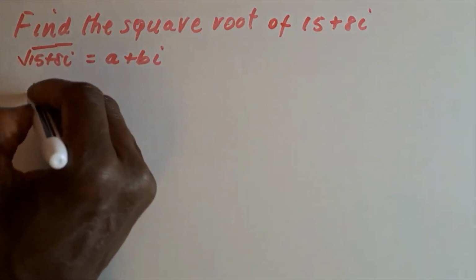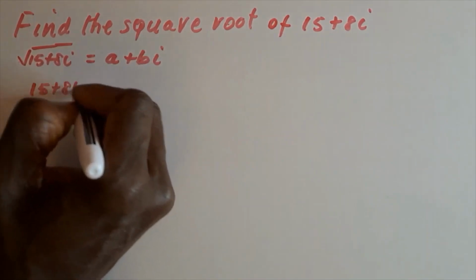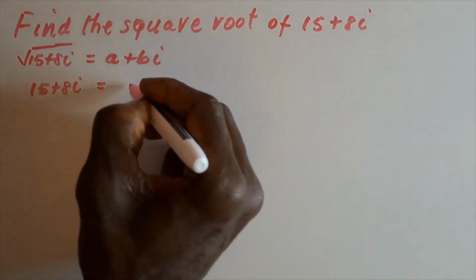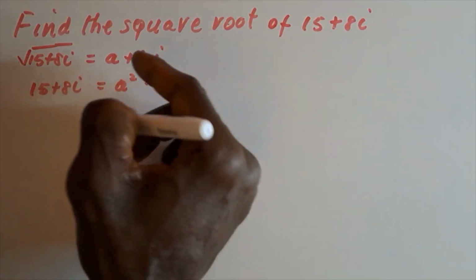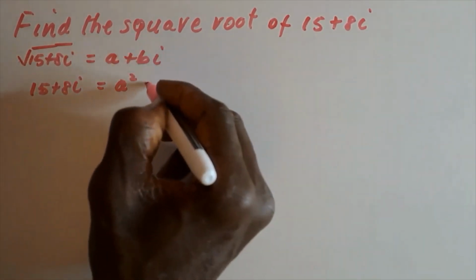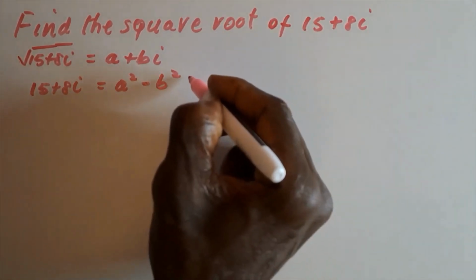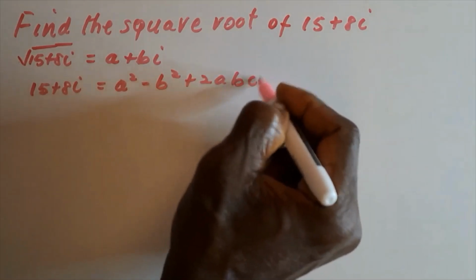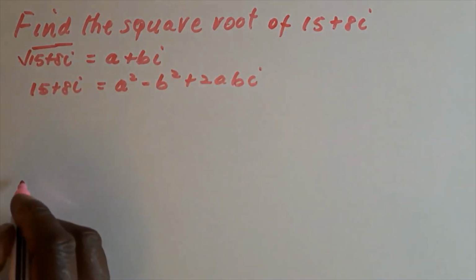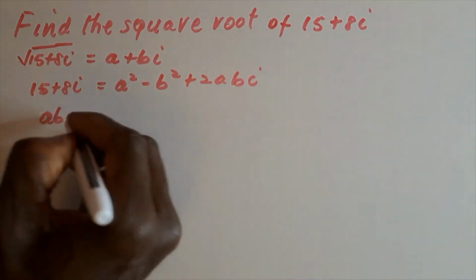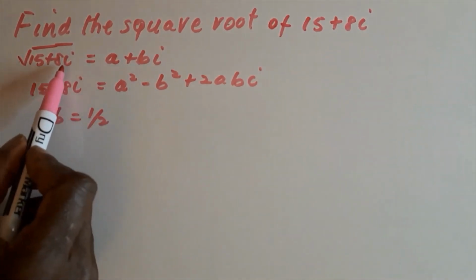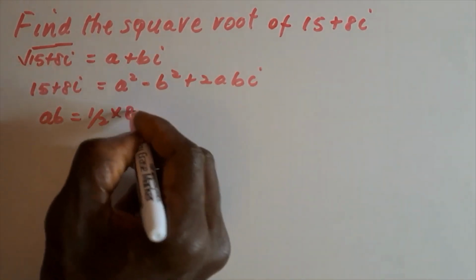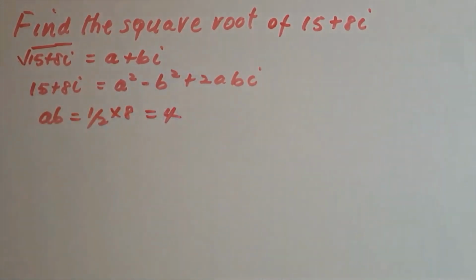We square both sides, we have 15 add 8i is equal to a squared, the square of a add bi, minus b squared add 2abi. Now ab is equal to half the coefficient of i, which is half of 8, is equal to 4.